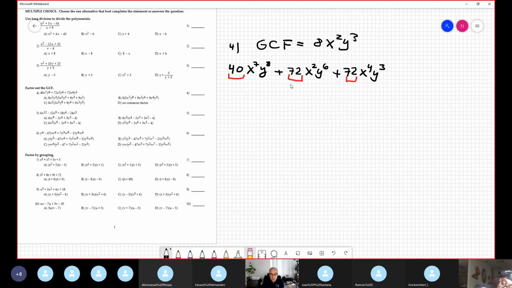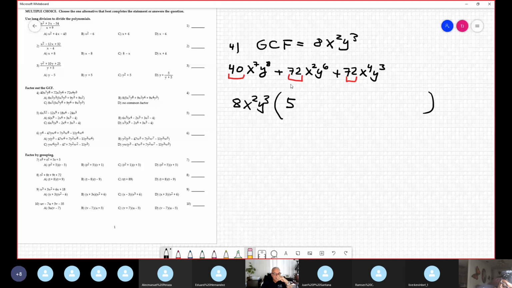I put outside 8x^2y^3 and open one parenthesis, because this is the factor that I put outside in the factorization. Entonces, inside the parenthesis, we put the remaining part. For example, 40 divided by 8 is 5.